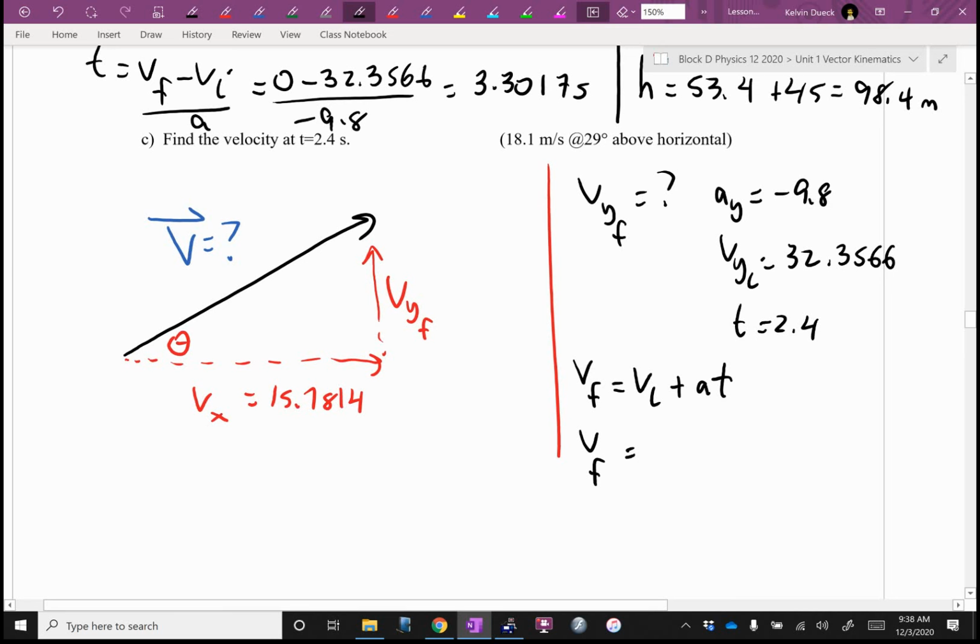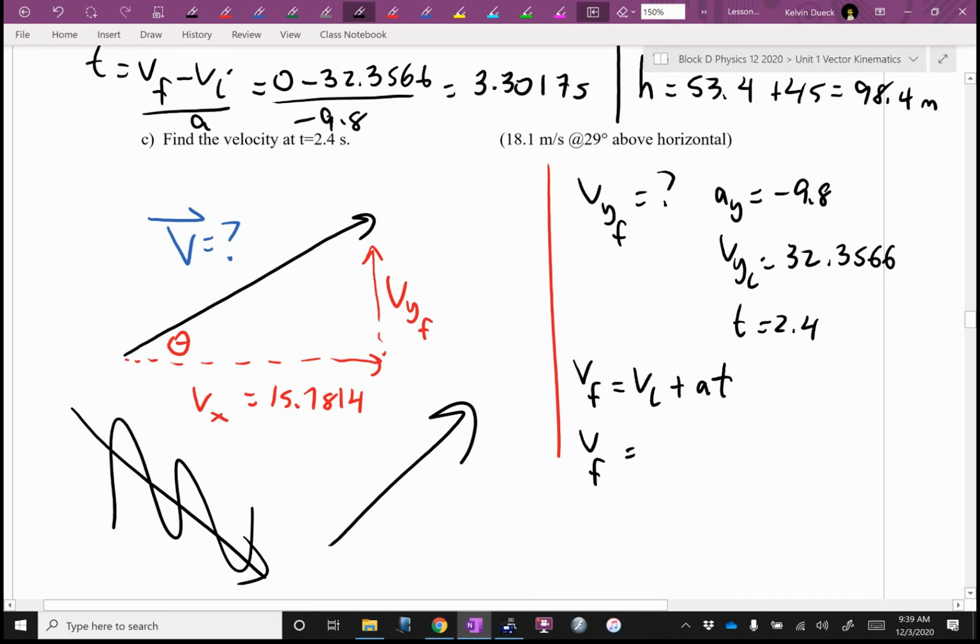Now, Noah, if I hadn't done part B, if I didn't know that it was 3.3 seconds to the top, and I had guessed wrongly and got a negative answer, I would just quickly scribble it out and fix it.